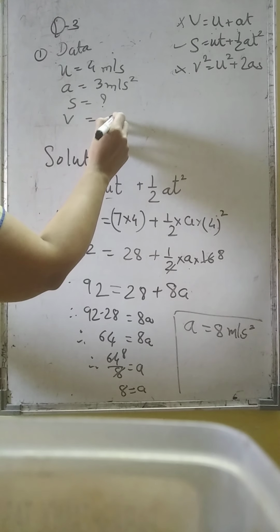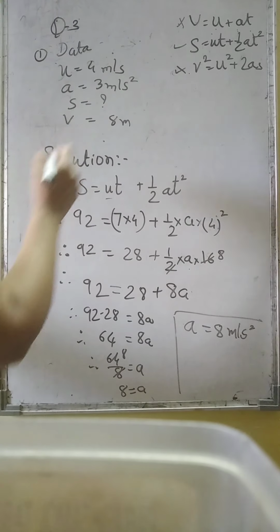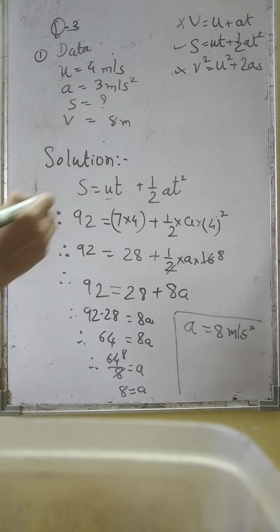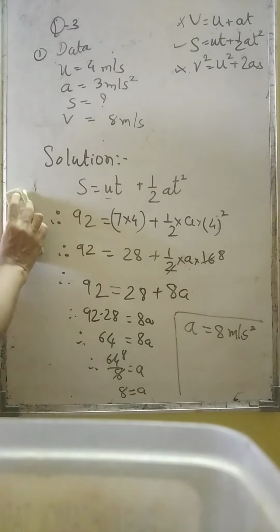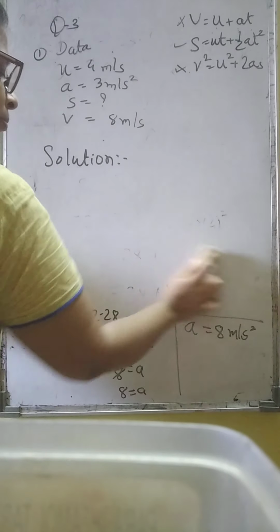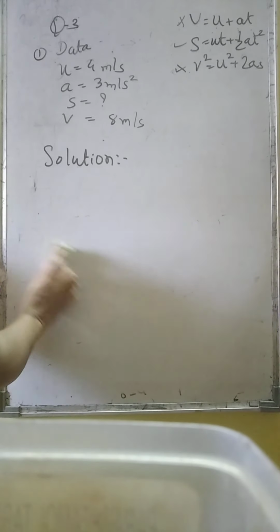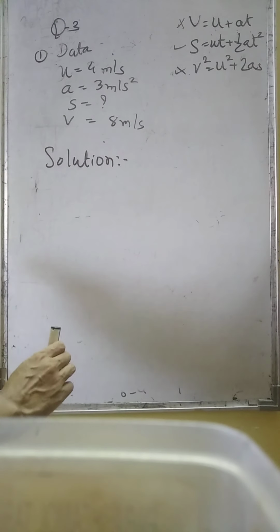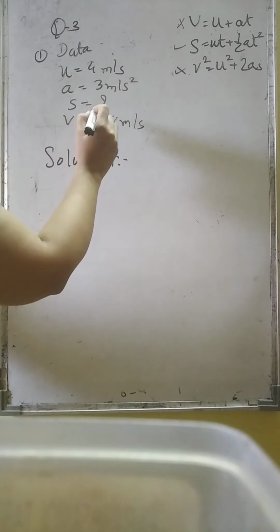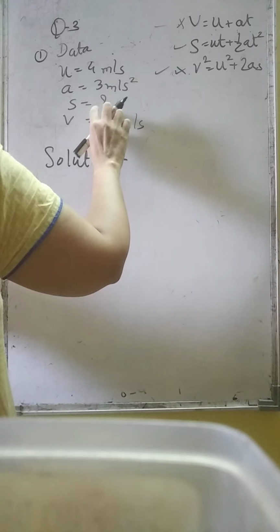V is 8 meters per second. So now I have v. Which is the formula with v? This and this. Correct? S I have to find.